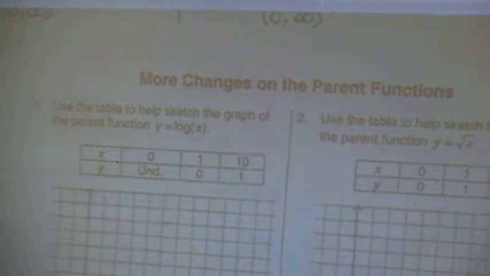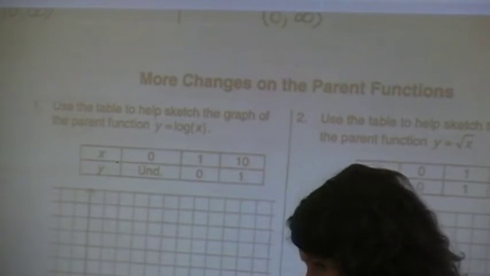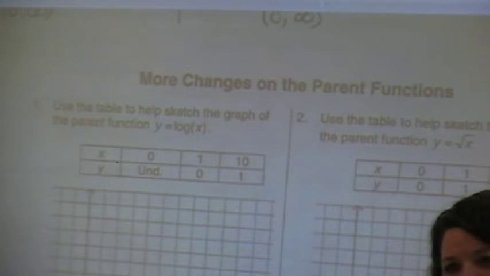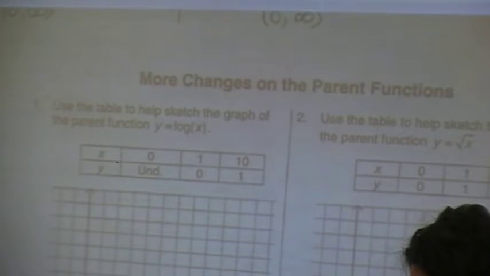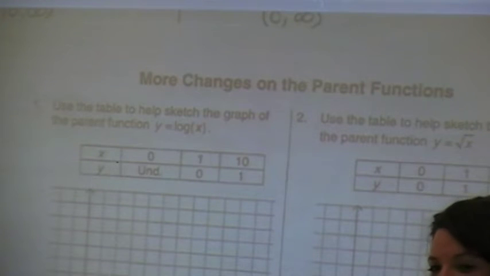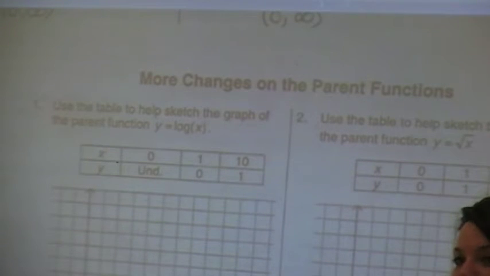Can you put a number in front of log? Yes. Okay. Is that kind of what our equation is? Yes. Awesome. So the equation would be, yep, that's it.